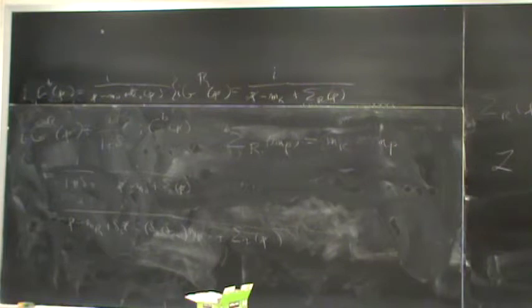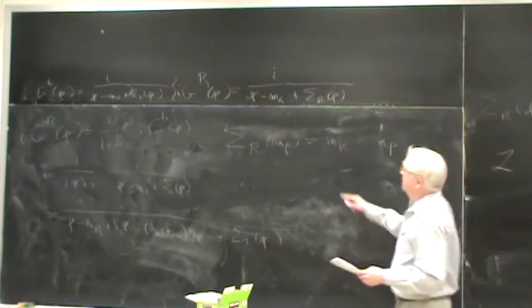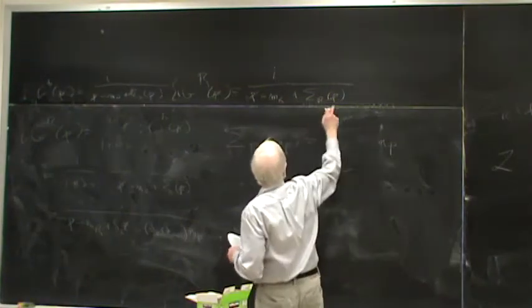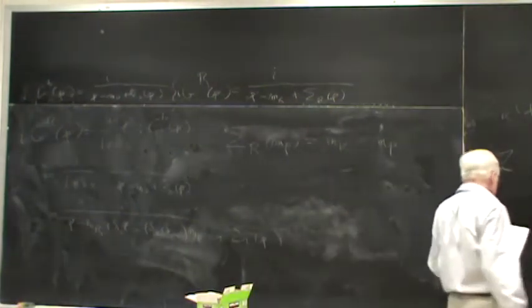Another is that the pole should be in the right place. The other is that the residue should be correct. And the residue that we want is just i, so there better not be any extra residue coming here.